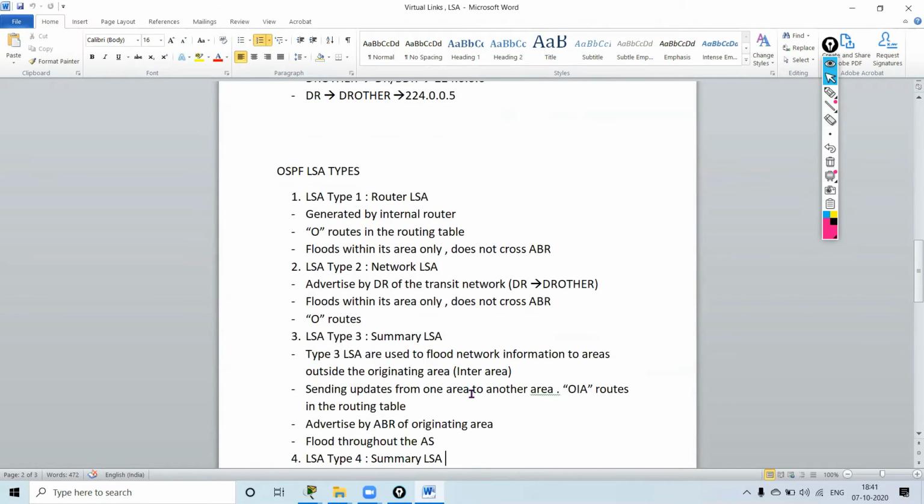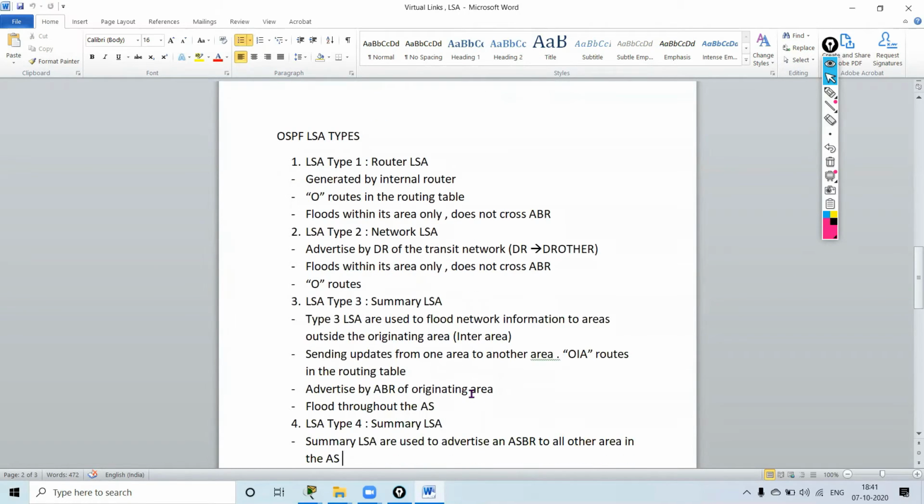LSA type 1, router LSA, or you can say type 1 LSA. These are the O routes, the within-the-area routes.